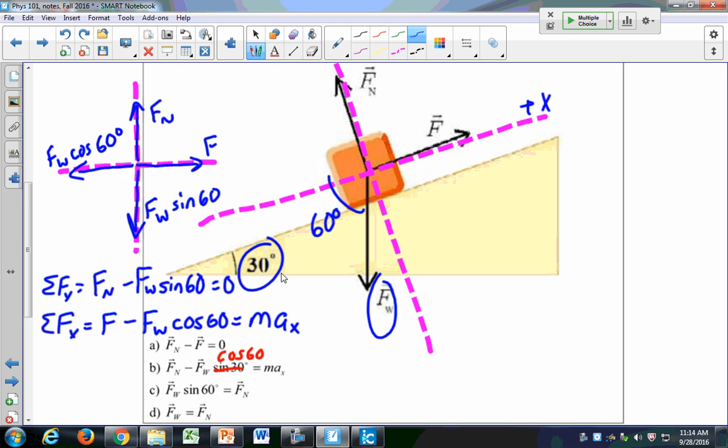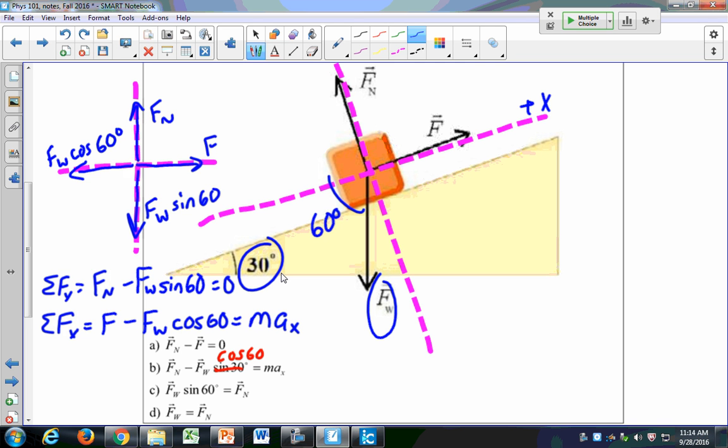This Fw sine 60? That makes sense. I'm just confused because of the previous problem that we did, and this one has the same instance where you take, like, why wouldn't it be 30 degrees to find the y and 60 degrees to find the x? Oh, okay.